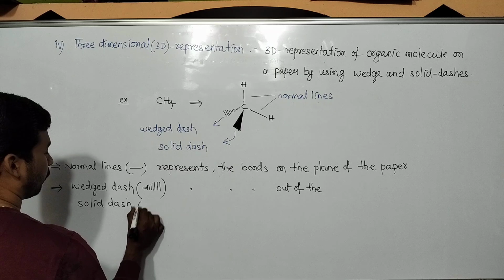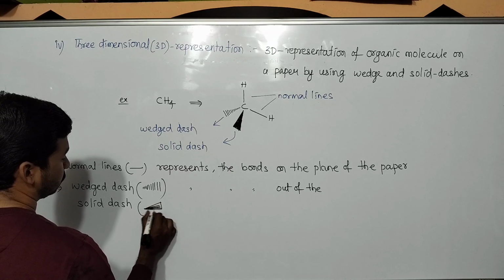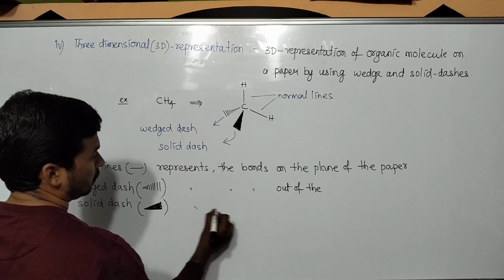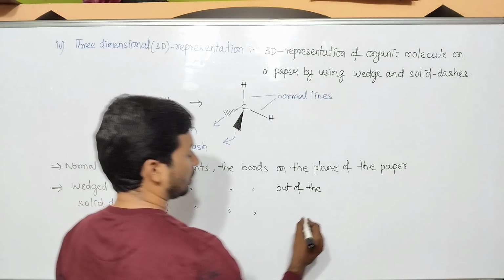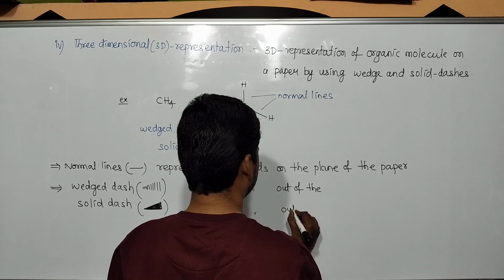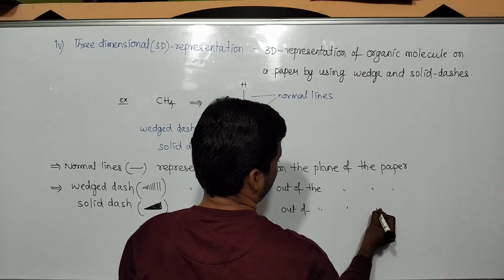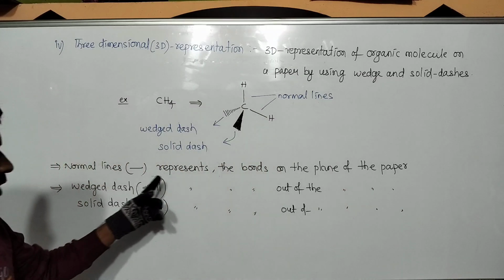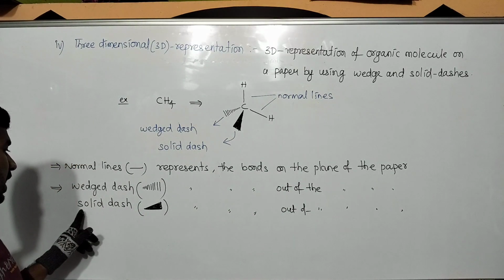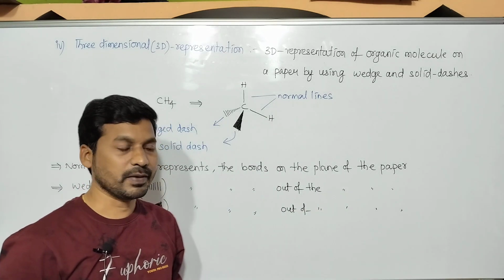Solid dash is represented like this. It represents bonds out of the plane of the paper. Normal lines represent bonds on the plane of the paper. Wedged dash and solid dash represent bonds out of the plane of the paper.